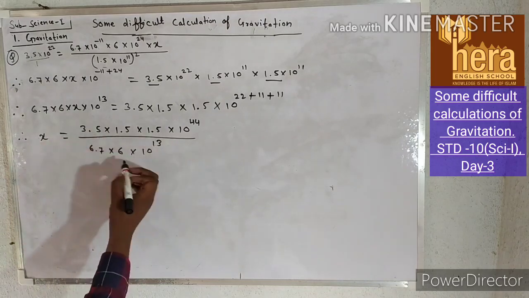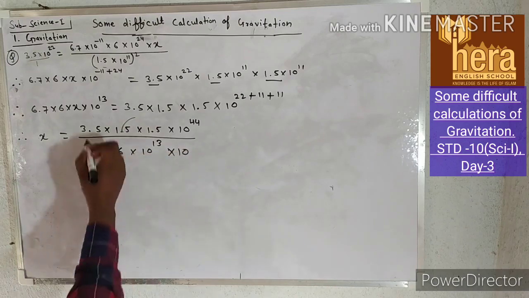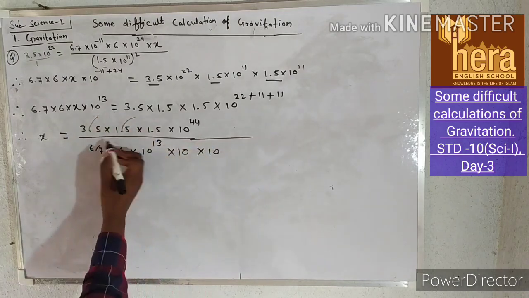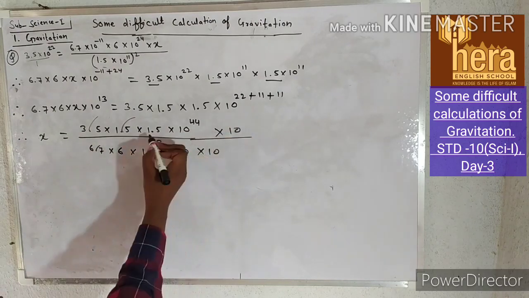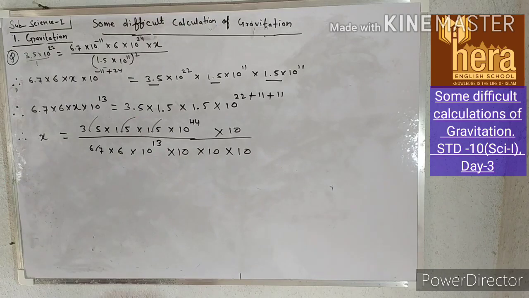Now remove the decimal. Here will be 10. Here will be 10. Here will be 10. Here will be 10. 0, 0 cancel.